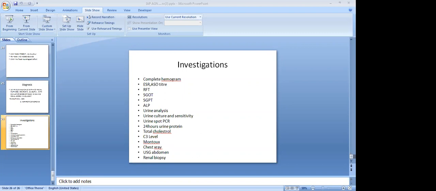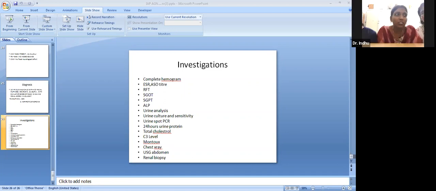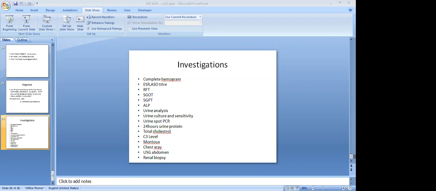For hematuria? It's 4 to 8 weeks. Microscopic hematuria will be there. Okay. Then C3, when does it return to normal level?